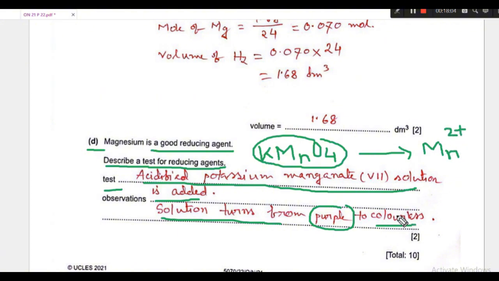So if you add reducing agent to potassium permanganate, that reducing agent reduces KMnO4 to manganese 2. This is colorless. So observation will be purple solution turns to colorless. This is the test for reducing agent.